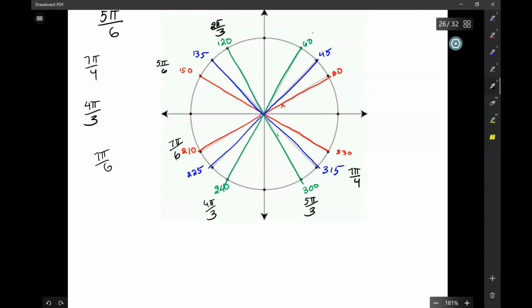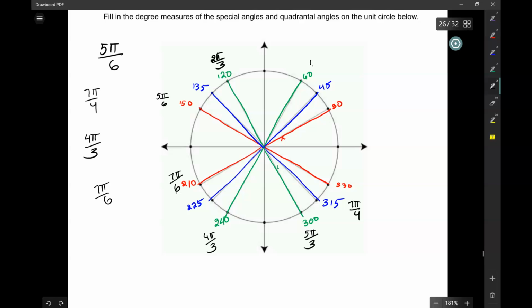So now look, you could even go further. Okay, so this is pi over 3. 1 pi over 3, 2 pi over 3, 4 pi over 3, 5 pi over 3. Now let's go further. 6 pi over 3 cancels. 7 pi over 3, 8 pi over 3, 9 pi over 3 cancels, 10 pi over 3, 11 pi over 3.